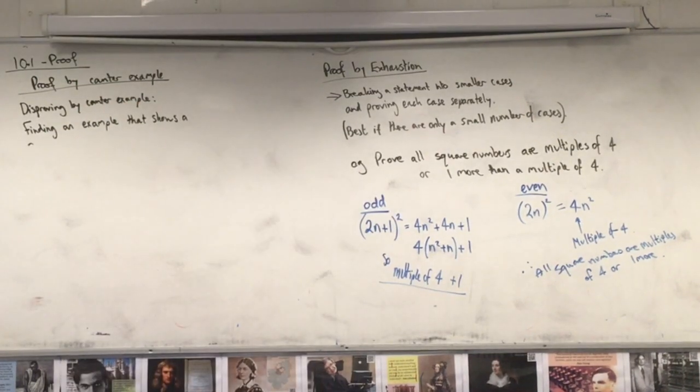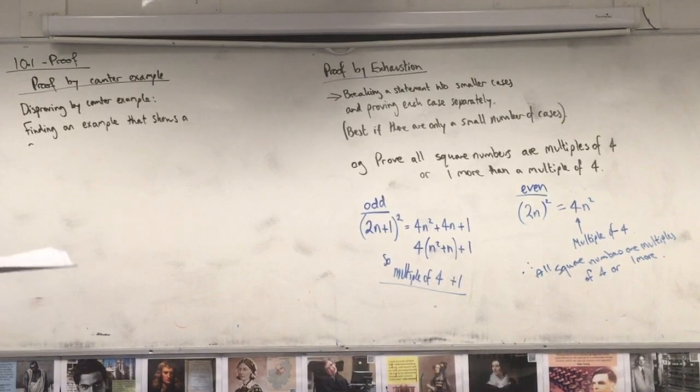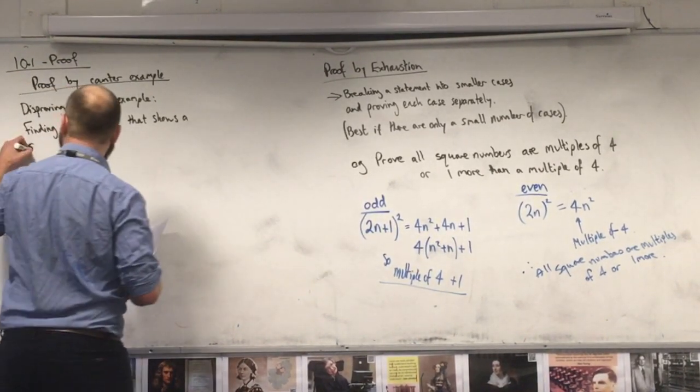So proof by counterexample is the last type. Basically, we can disprove something by finding one example that shows a statement is not true for all cases.